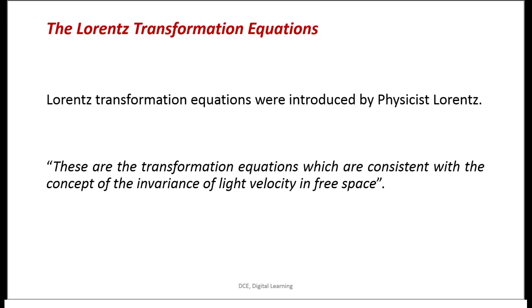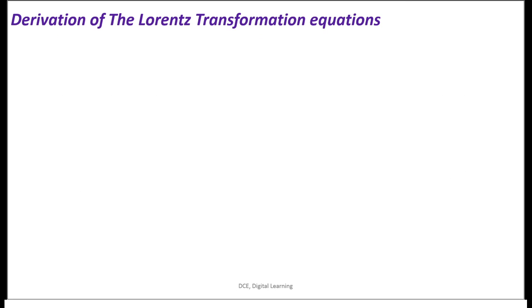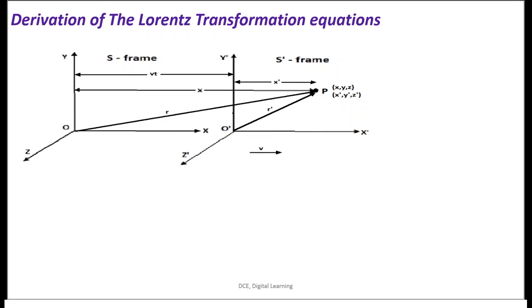That is, the velocity of light was not independent in Galilean transformation, but Lorentz made a correction and brought these transformation equations, which are very much consistent with the constancy of speed of light. Derivation of Lorentz transformation equation.